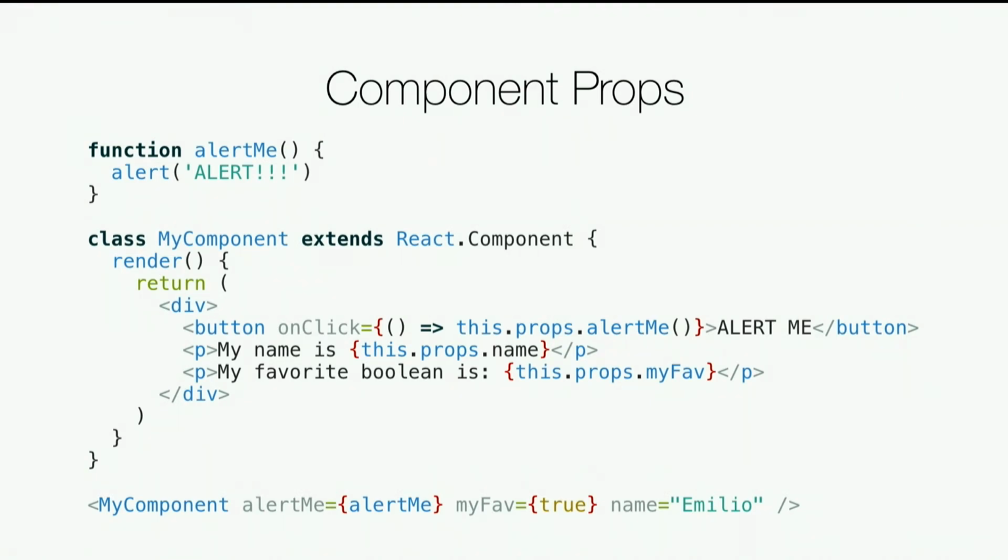Now one thing I do want to point out here is what's different about the name prop versus the other two? It's not a trick question. There's something very obviously different about it. It's a string instead of what?